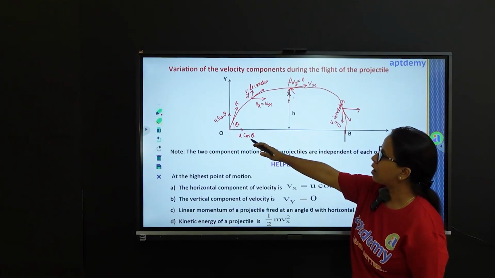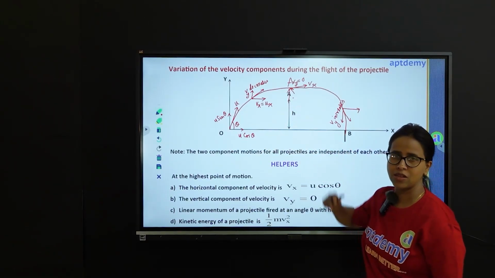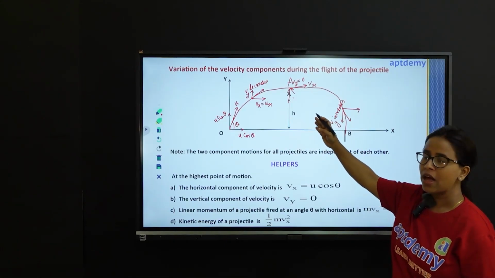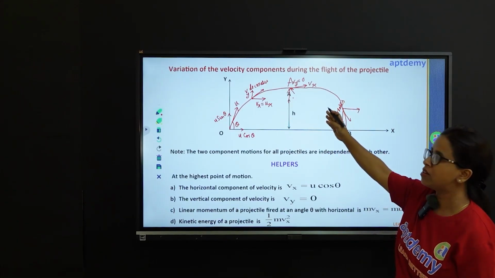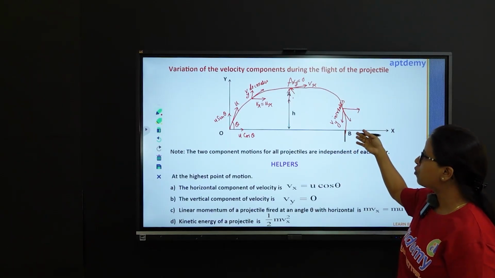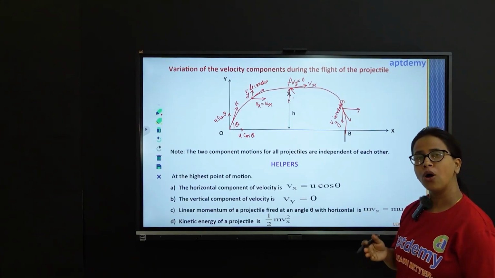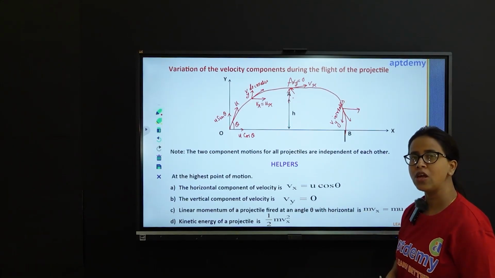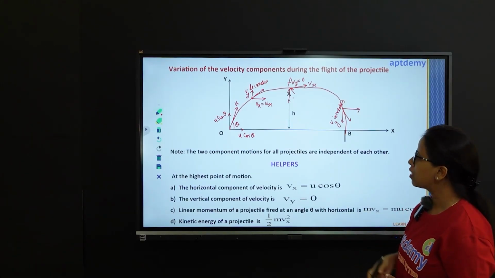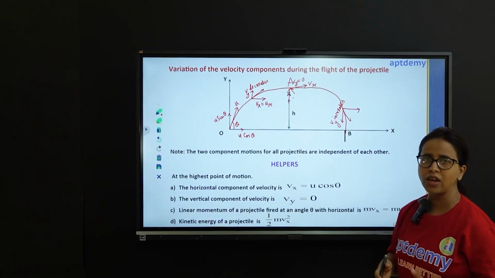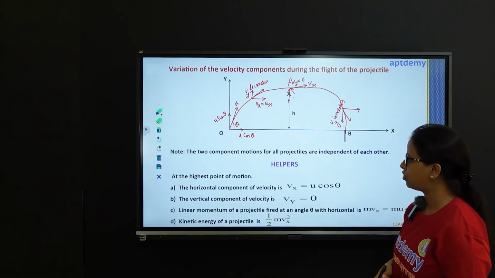As the particle advances towards the maximum height, Vy goes on decreasing. At the highest point, Vy is equal to 0, and then Vy again increases. But throughout the whole trajectory, the horizontal component of the velocity remains the same. So this is to be noted. This is how the velocity components vary during the flight of a projectile.